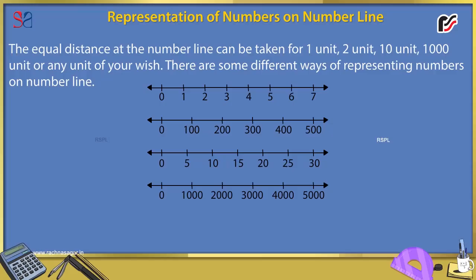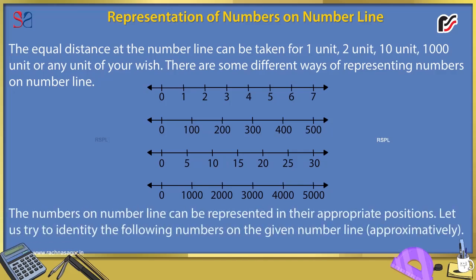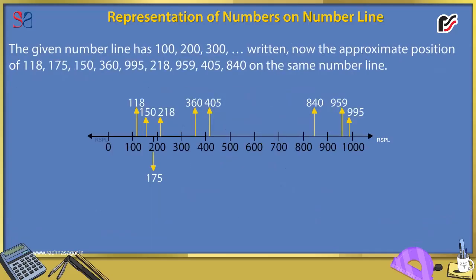There are some different ways of representing numbers on number line. The numbers on number line can be represented in their appropriate positions. Let us try to identify the following numbers on the given number line approximately. The given number line has 100, 200, 300 written.